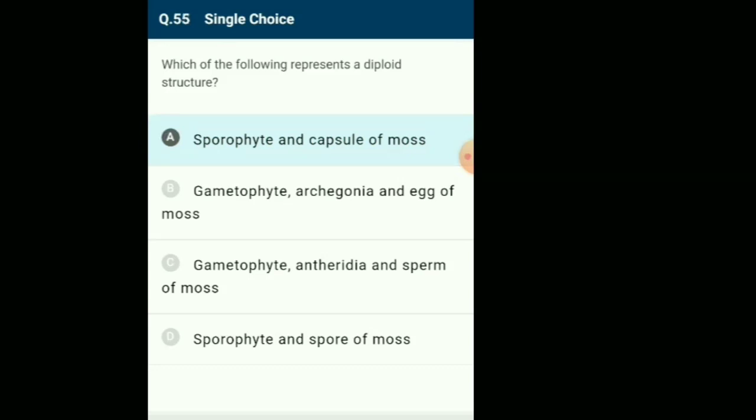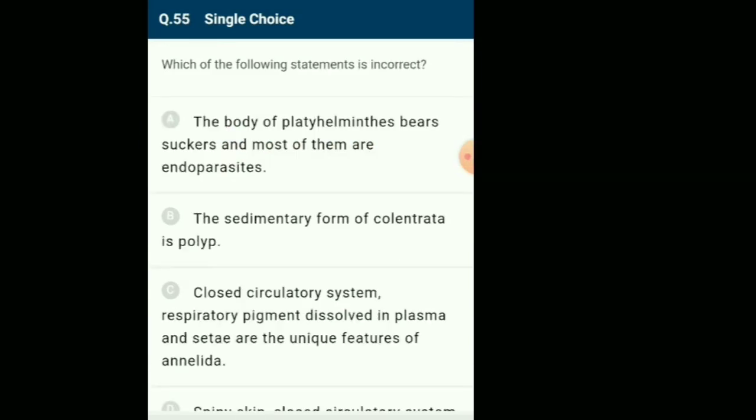Question number 55. Which one of the following statements is incorrect? Almost 80% of flatworms are parasitic in nature, while few are free-living platyhelminthes. The free-living forms are scavengers or predators. The parasitic species feed on the tissue of the host organism in which they live. Hooks and suckers are present in parasitic forms.